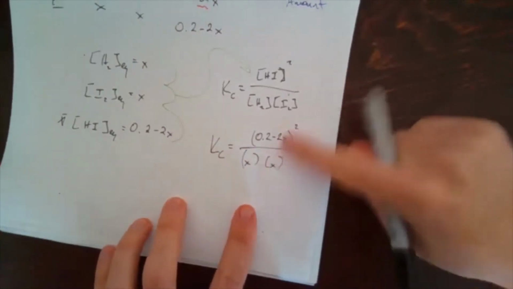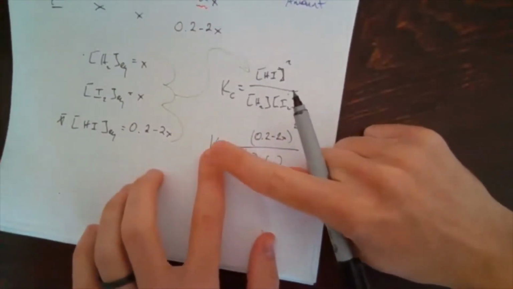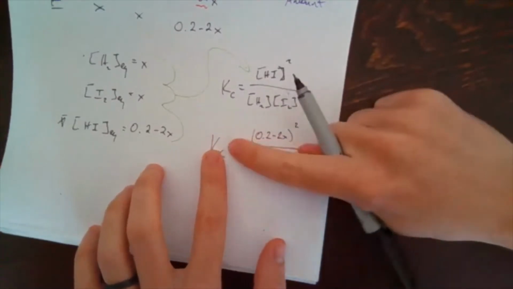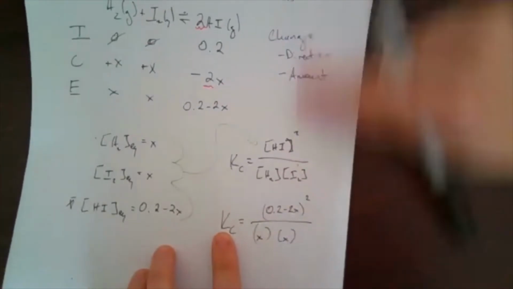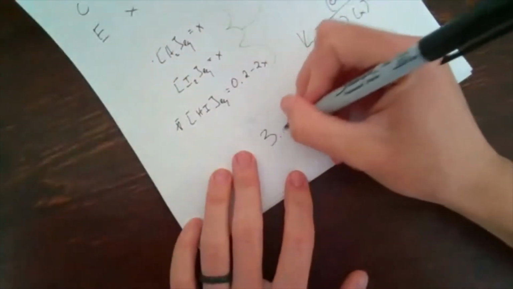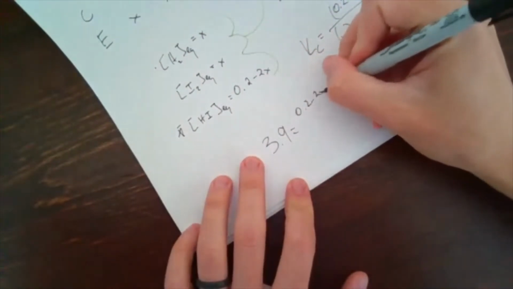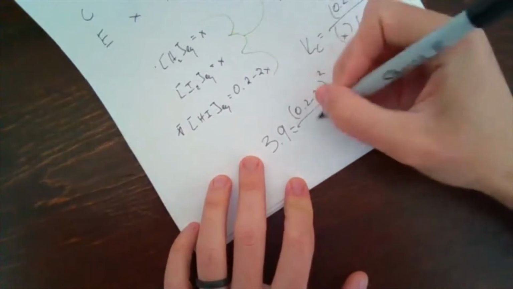I have these variables x. So if I know the value for Kc, again, that's a number, I can plug that number in and I can solve. So overall, the equation I want to be solving is 3.9 is equal to (0.2 minus 2x) squared divided by x times x.